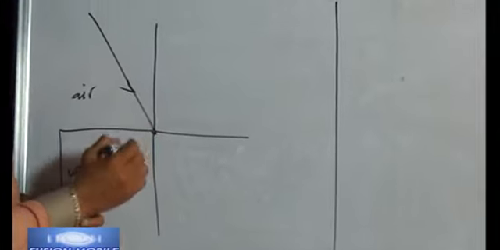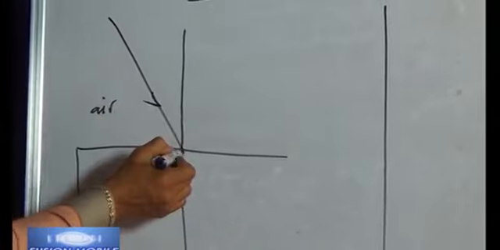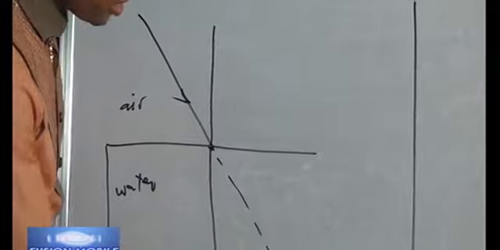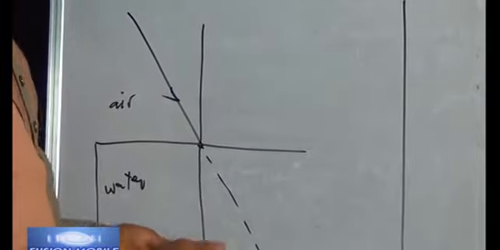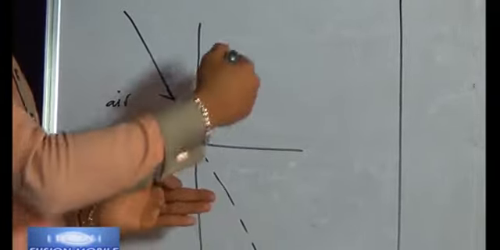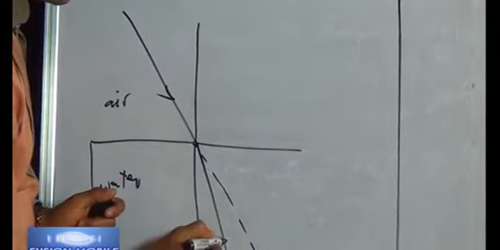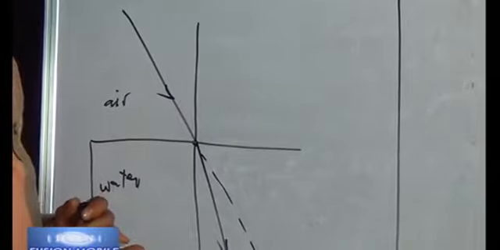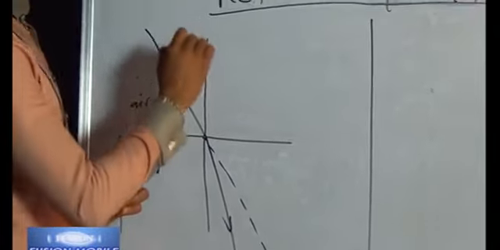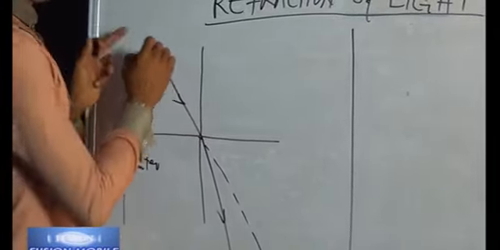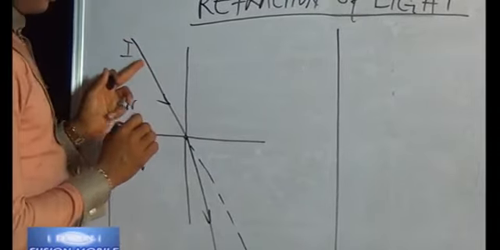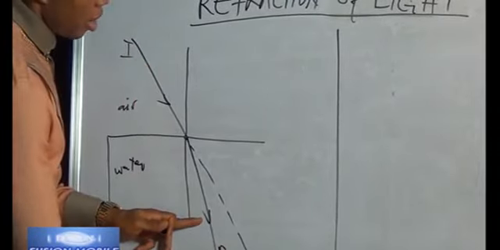Refraction simply means that on getting to this point, normally we expect it to move straight, but it will not. There will be a little change. There will be a change in direction. Maybe you see it come this way. That is refraction.